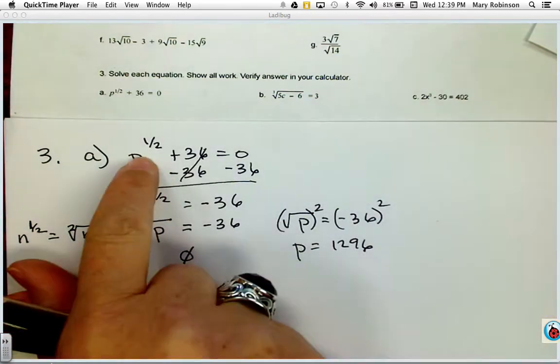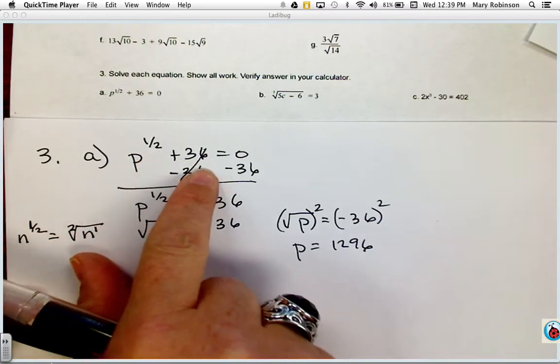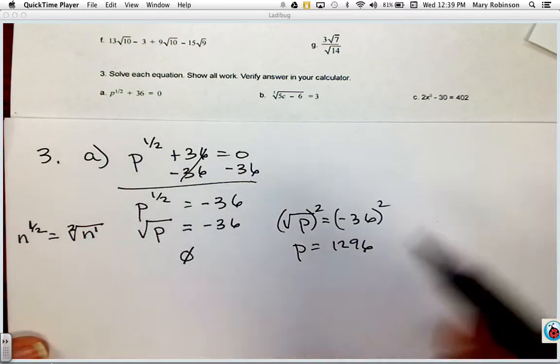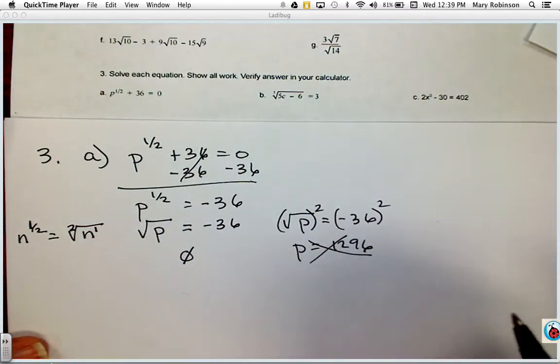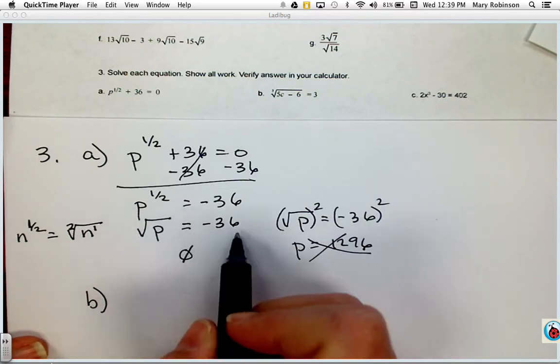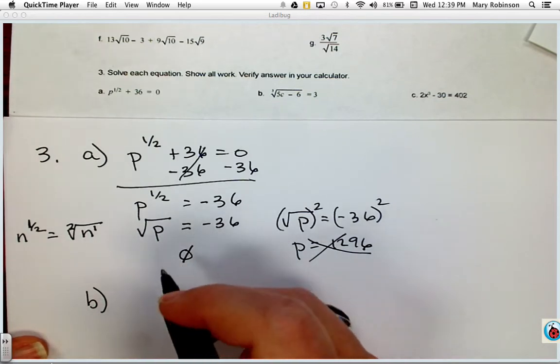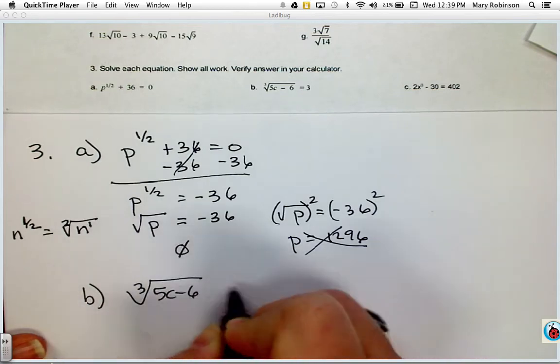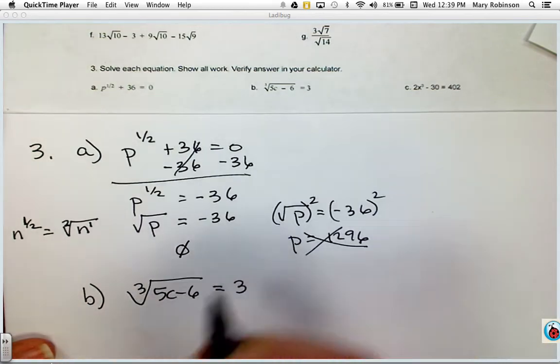And if we had plugged it back in here and added 36 and raised it to the 1/2 power and added 36, we would not have gotten 0. So if you check your answer, it will not work. So please make sure you just remember that the square root of a value cannot equal negative, so therefore we'll have no solution.